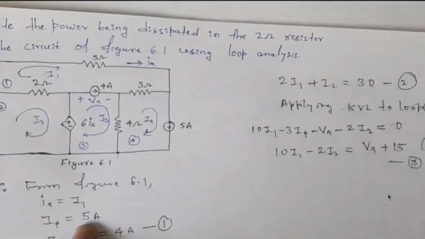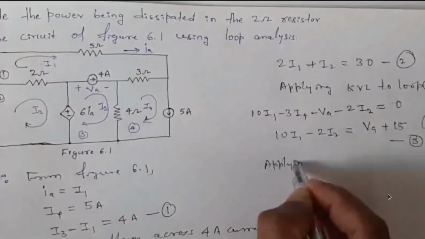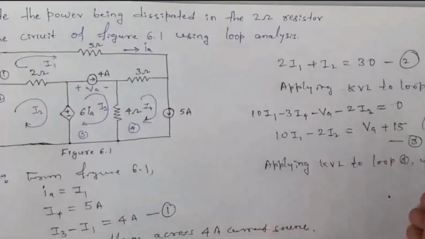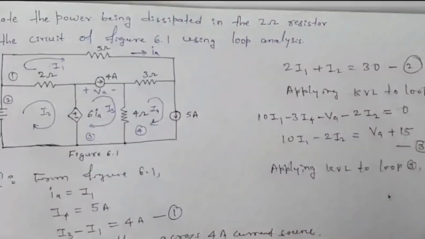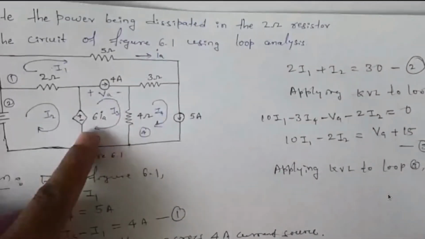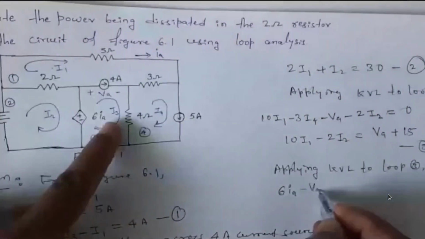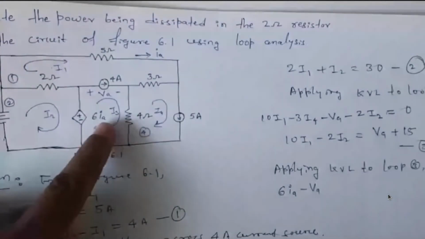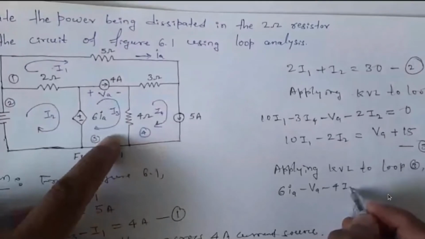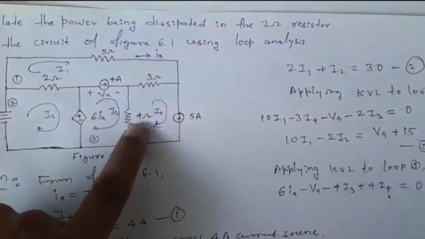And similarly, I'm going to apply KVL to loop 3. This time, look at this one, this is loop 3. Minus to plus, I'll consider positive. So this is 6 IA. Plus to minus, minus IA. Now here, plus to minus should be minus 4 I3. And this is opposite, because of that plus 4 I4 is equal to 0.